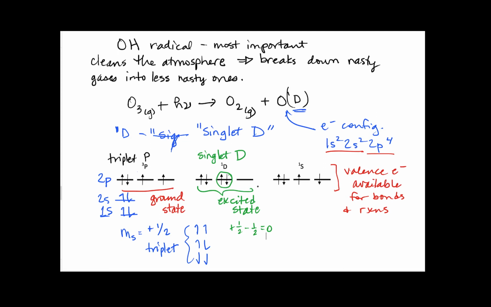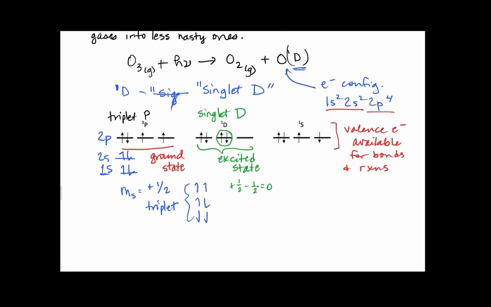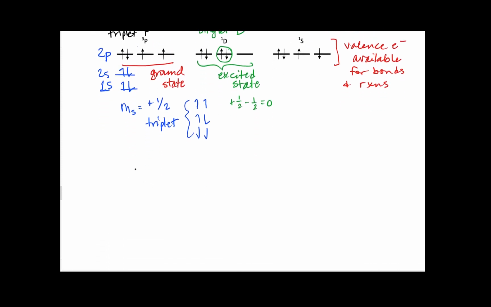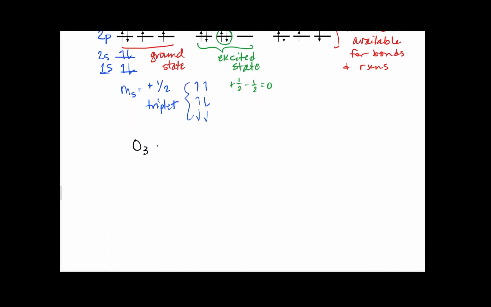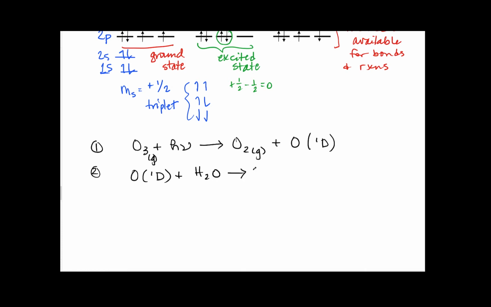Okay, so our hydroxide, we only got halfway through that, right? All right, I'm going to make this a little cleaner. We're going to get back to photolysis of ozone, and then we didn't even make the hydroxyl radical yet. So let's go ahead and do that as our second part. All right, so there's our singlet D oxygen. This is step 1. And then in step 2, that singlet D oxygen reacts with some water in the atmosphere, and it makes 2 hydroxyl radicals.